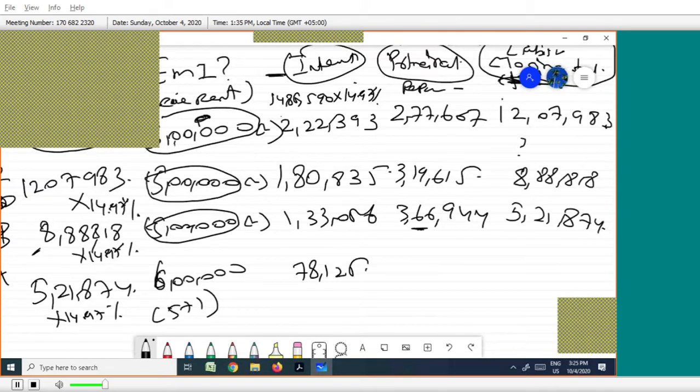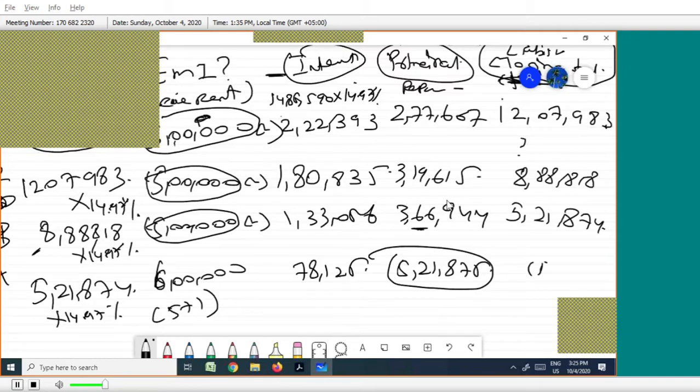Then what about principal? 6 lakhs minus 78,125 is how much? 521,875. Then opening liability is 521,874, and closing liability, principal repayment, is 521,875.